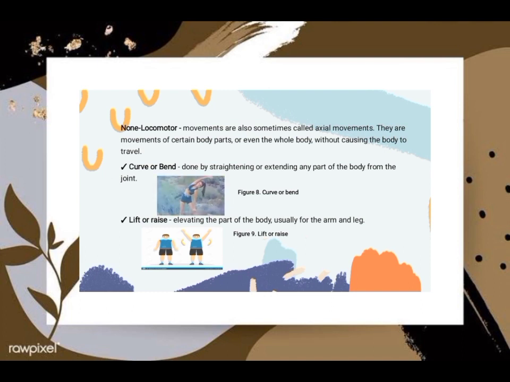They are movements of certain body parts or even the whole body without causing the body to travel. So when we say action movement, it refers to an element of a dance in which dancers stay anchored to one place by a single body part while using available space in any direction.